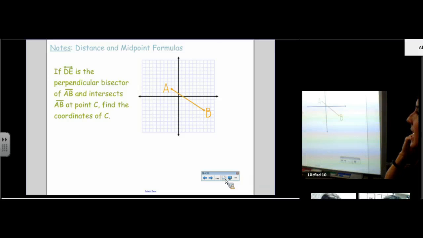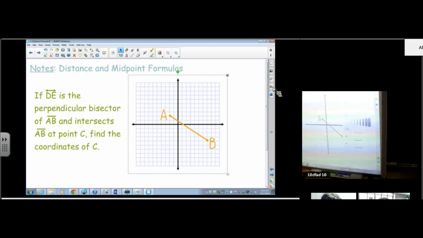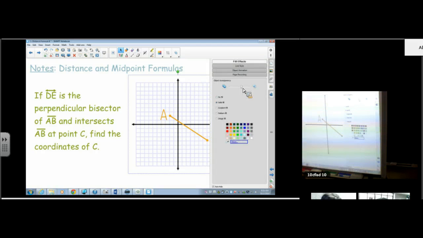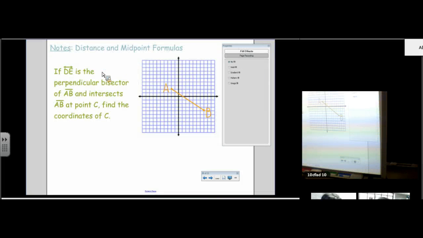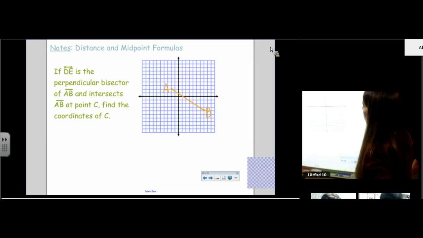If line DE is the perpendicular bisector of AB and intersects AB at point C, find the coordinates of C. So I wanted you to see this problem because although it sounds really tough, it is not a tough problem. You just have to figure out what they're actually asking you for.